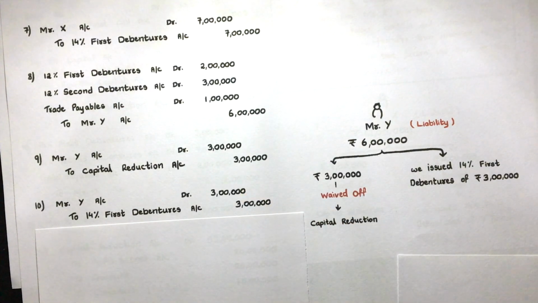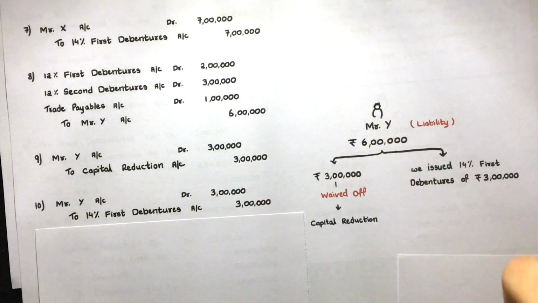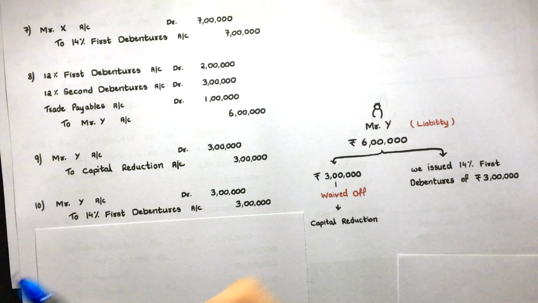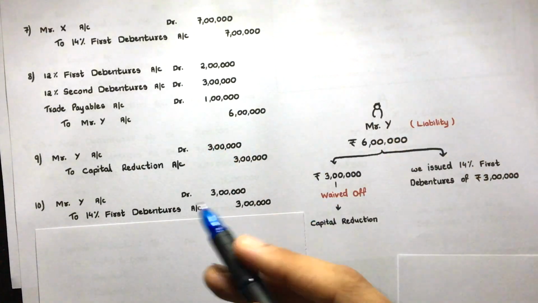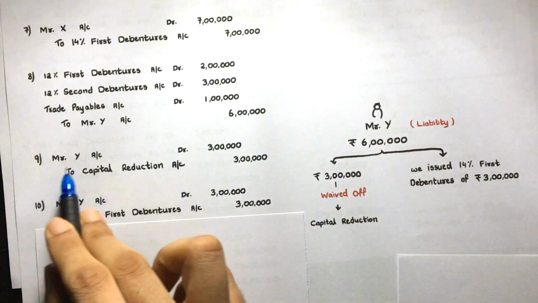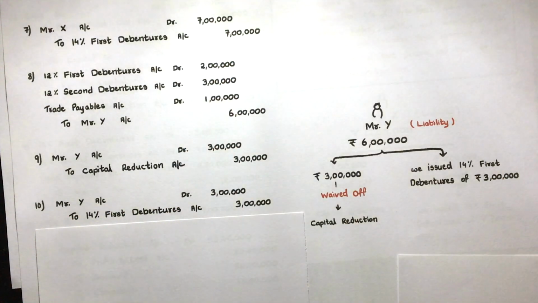Debenture is a liability, we are issuing the debenture, debentures are increasing, so credit that. Debit would be to whom we are giving the debentures, Mr. Y. So Y account will be completely cancelled now: 6 lakh got credited, then debit of 3 lakh, and then again debit of 3 lakh. Like that, X account also got cancelled. Ultimately, there will be the rest accounts, like first debentures, 14% one. Is it clear?